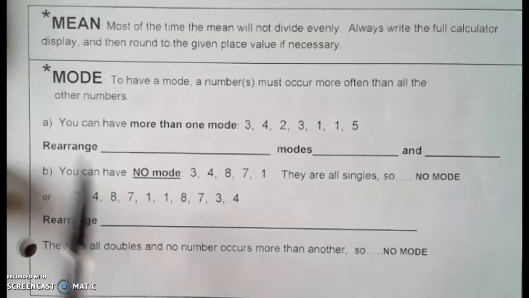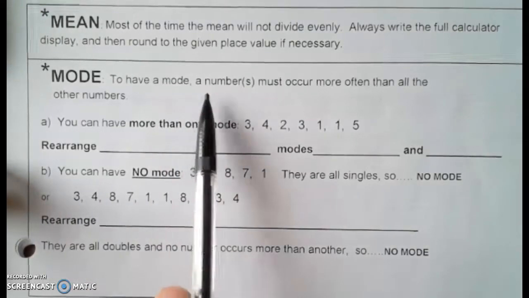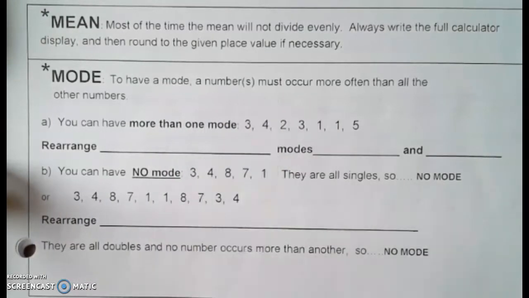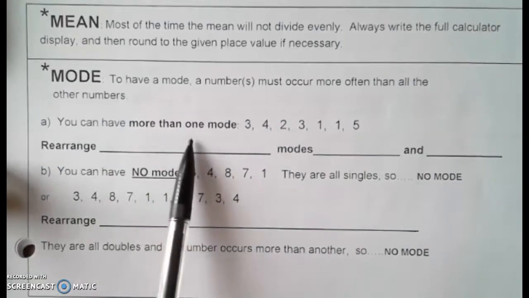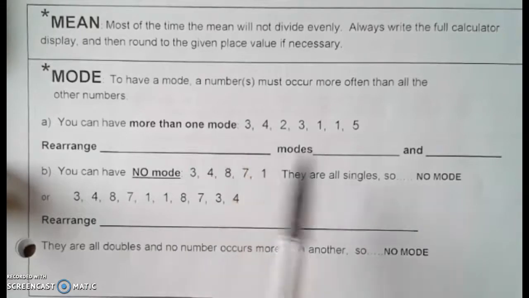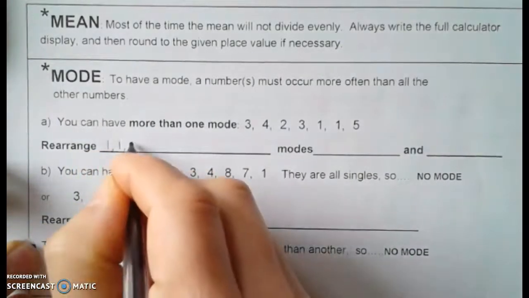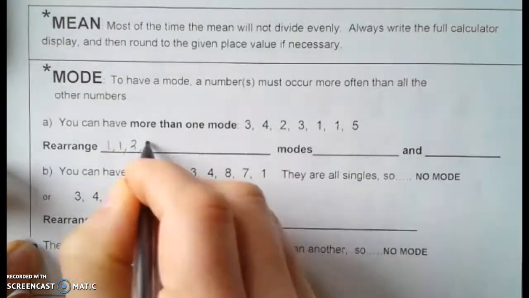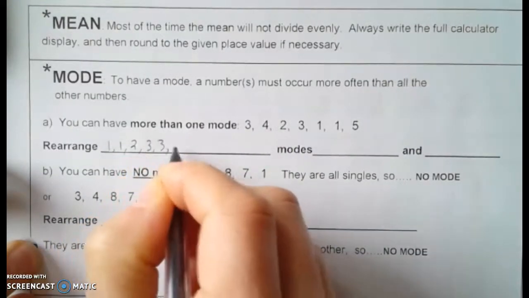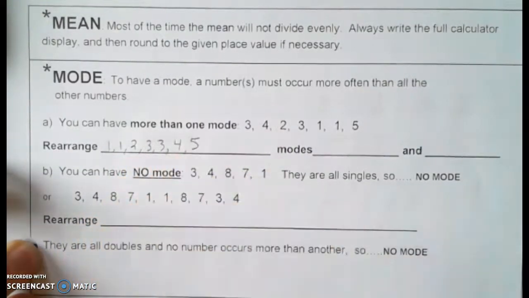For the mode, in order to have a mode, a number or numbers must occur more often than all of the other numbers. You can have more than one mode. Take for example this list of numbers. First thing we're going to do is rearrange this list. I have a couple of 1s, a 2, a couple of 3s, a 4, and a 5.